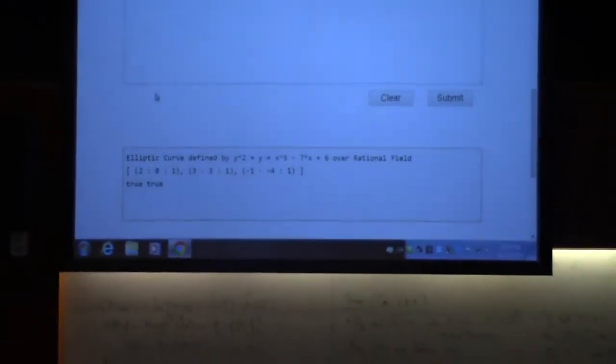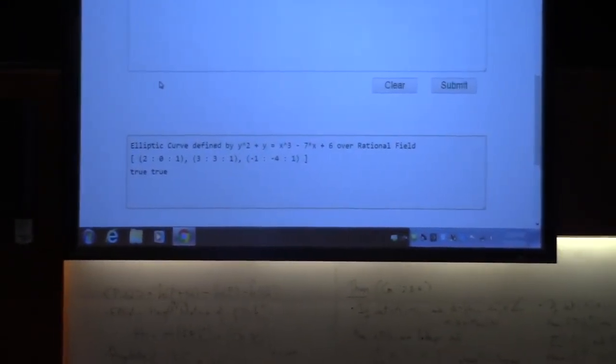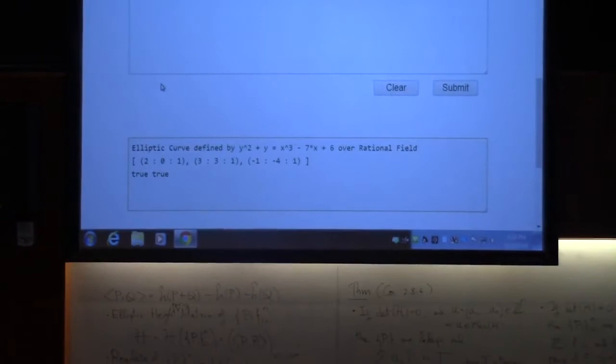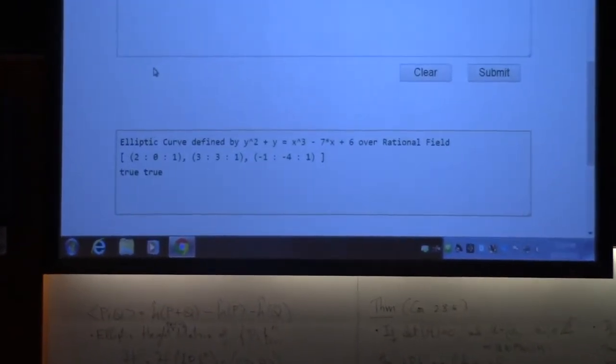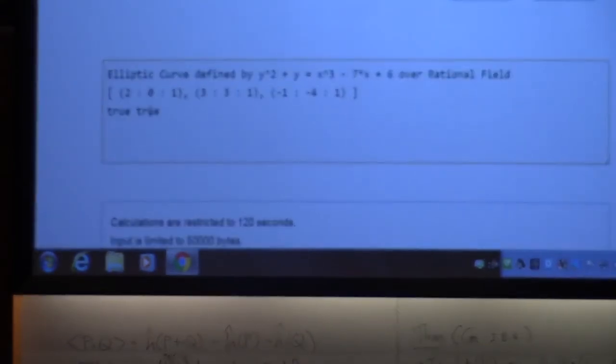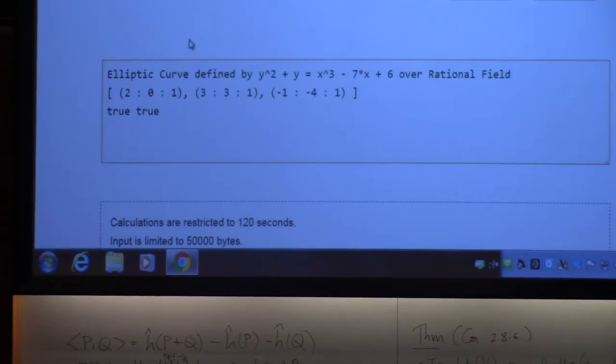Sage forces you to talk like a computer, but Magma is written so you talk like a mathematician to the computer, and the computer talks back to you as a mathematician. Okay? So it gives you the generators in projective coordinates. It tells you true, true, true. It's just talking to itself at that point.